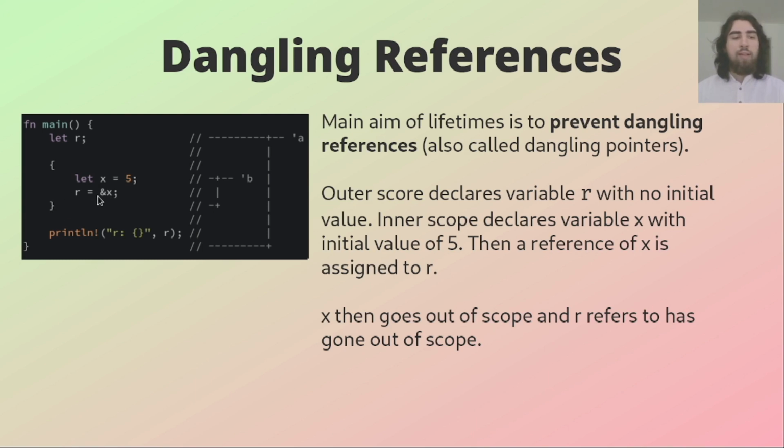Then we are assigning a reference to x to the variable r, meaning the variable r we have declared here holds a reference to the variable x. The problem here is that when x goes out of scope at this point, then r points to something that is not valid anymore, right? And that's the aim of references, to avoid exactly this scenario.